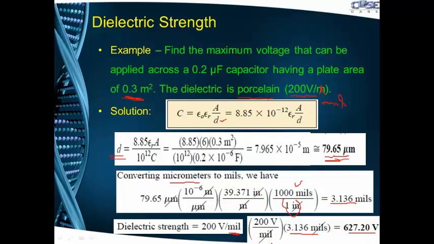So if for this separation between the plates the electric field would be strong enough, if voltage of this much volt is applied between these plates having this much separation in mils, with the 200 volt per mil, if separation is 1 mil, then we can only apply 200 volt, but if we have this much separation between plates, the voltage that we can apply is now a bit higher than this value, and it would be 627.20 volts until the dielectric would break down.